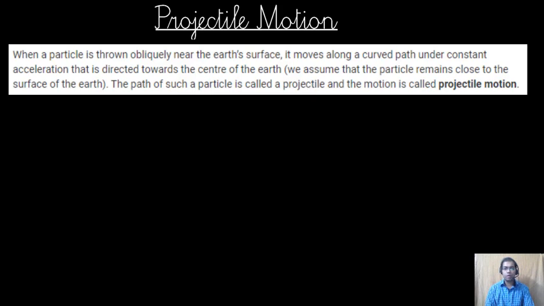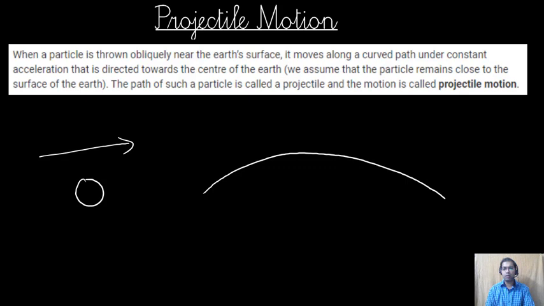So for instance, when you are playing catch, cricket, football, any of the games, maybe even a javelin throw or a shot put throw, it is always seen that there is a curved path that is taken when it moves from one point to another. For instance, let's say a player has hit a 6.